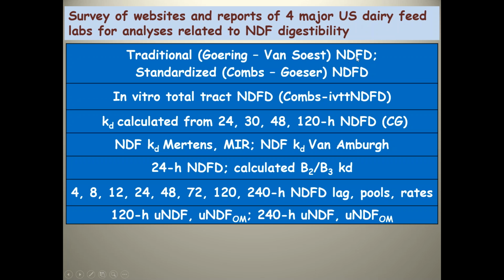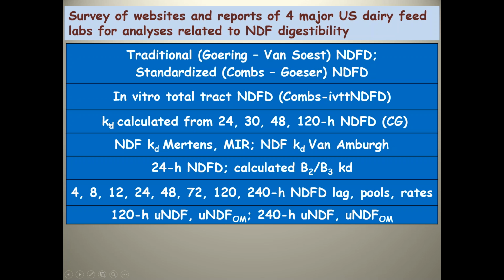The traditional NDF digestibility is the old Van Soest method. There's a standardized procedure developed by Dave Combs here. I believe that's only being employed at this point at Rock River Labs here in Watertown. We've also got an in vitro total tract NDF digestibility that we'll talk about some more. That utilizes that Combs-Gazer technique, and again, that's being offered, I believe, only at this point at Rock River Labs.